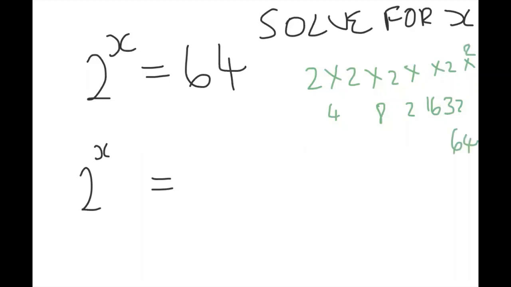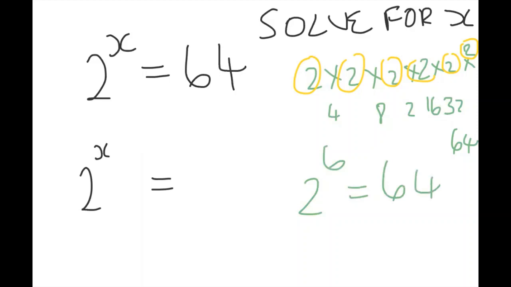If you count the number of 2's, there should be 6. So if you multiply 2 with itself 6 times, you'll get 2 to the power 6, and that answer will be 64.